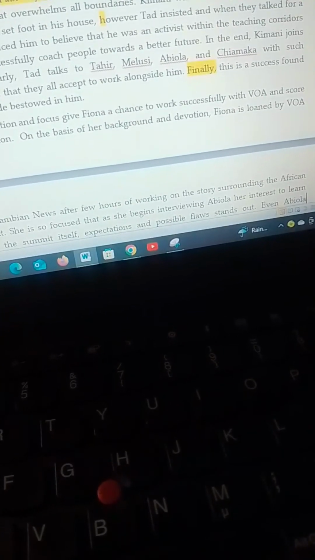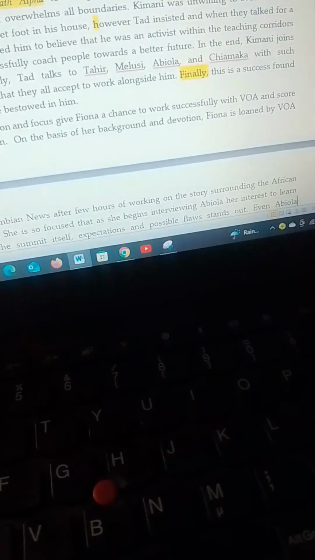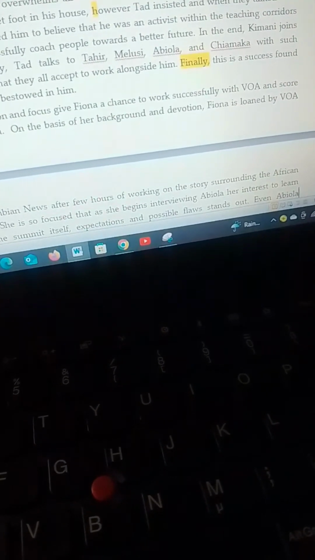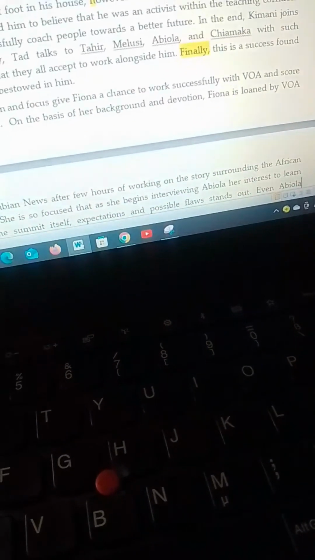Kimani was unwilling to even listen to him and let him set foot in his house. However, Tad insisted, and when they talked for a while, he convinced him to believe that he was an activist within the teaching corridors and could successfully coach people towards a better future. In the end, Kimani joins Agda.